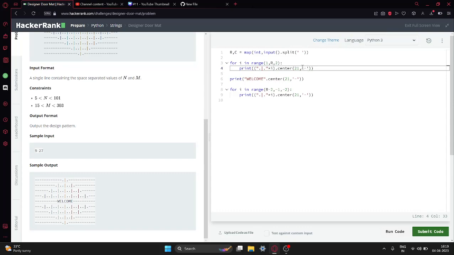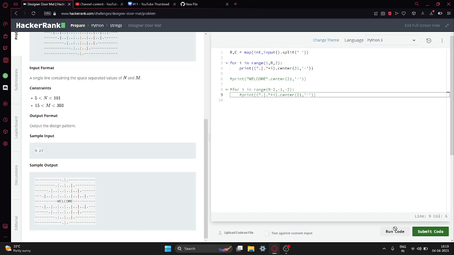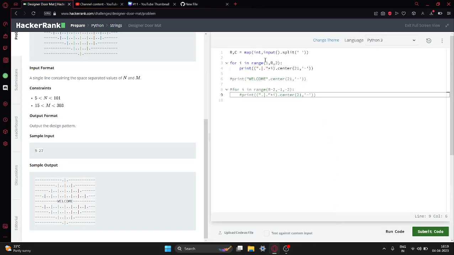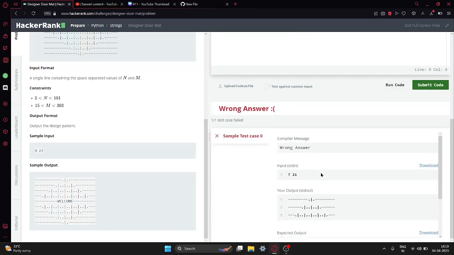In the question they have asked for dashes, so I'll just keep the alternatives in comments to help you understand. In the first half it is just printing the first half, three numbers, and because of multiplying by i, the number of these symbols is increasing.